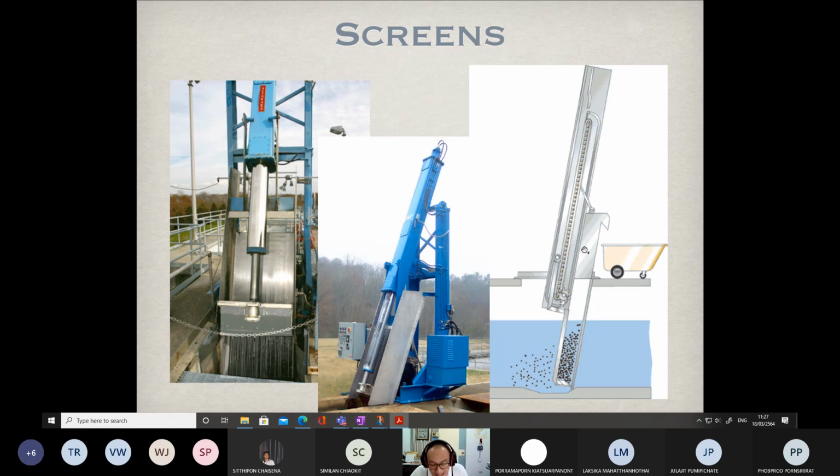In fact, this figure is not completely correct. If you really look at the water levels, you will find the water level upstream of the screen is a few millimeters above the water level after passing the screen. This few millimeters difference is due to the screen. Anything which blocks the waterway will always create head loss.